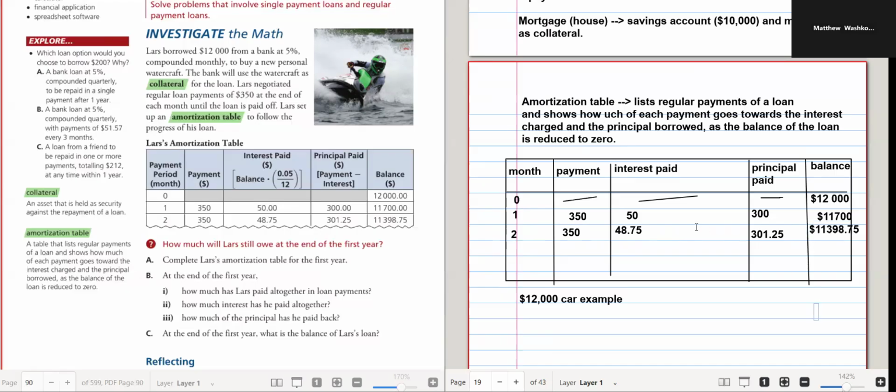So I hope that's making some sense here, and so on and so forth, right? Maybe by month 3 it'll be $47, then $46, and eventually at the very end, I'm not paying any more interest. It's all going towards the balance. Okay. So this here is an example of an amortization table.